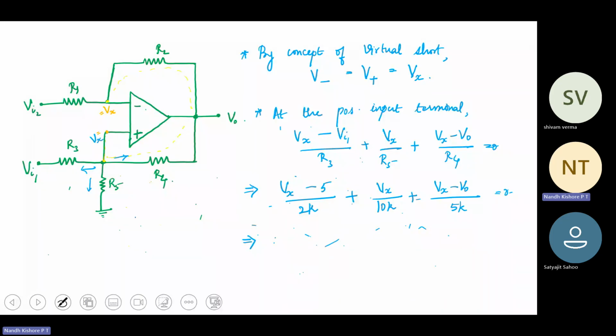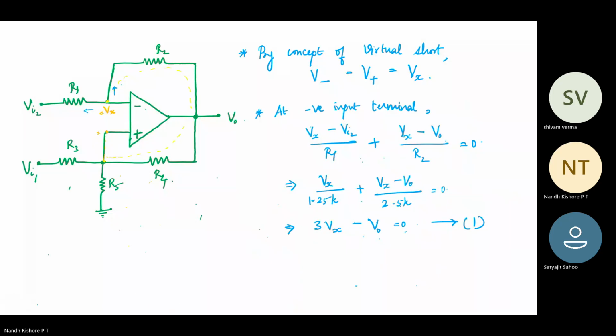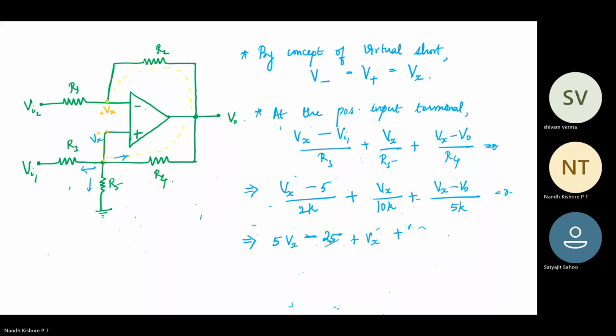So if I multiply by 5, you have Vx minus 25 plus Vx plus 2Vx minus 2V naught equal to 0. Which means 8Vx minus 2V naught equals 25.